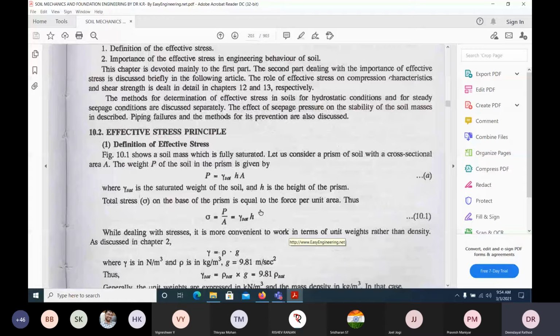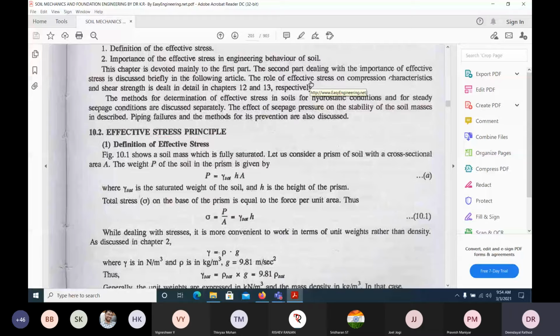That means what I'm trying to tell you is, total stress at a depth of H would be unit weight of the soil. It can be saturated, it can be dry, it can be partially saturated, bulk or so on. It can be anything. It would be equal to this particular height multiplied by the gamma of the soil.